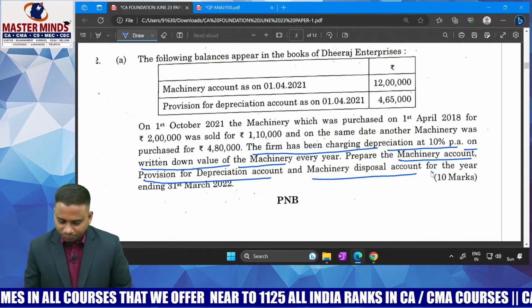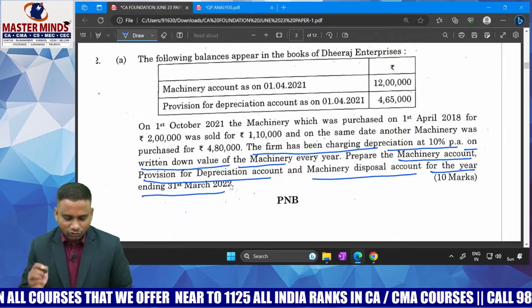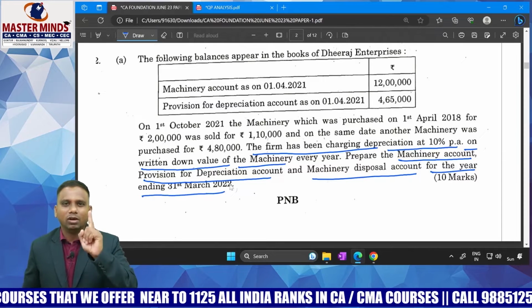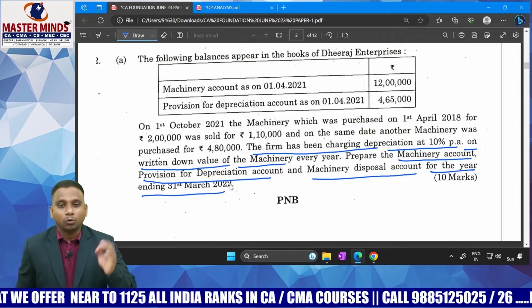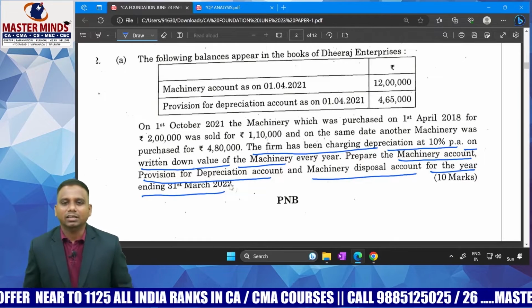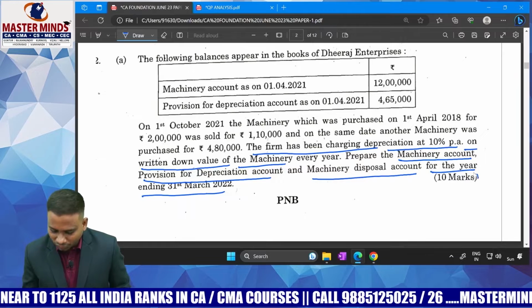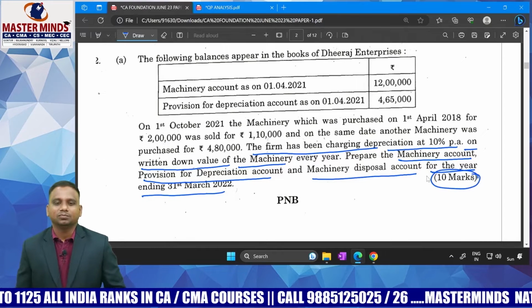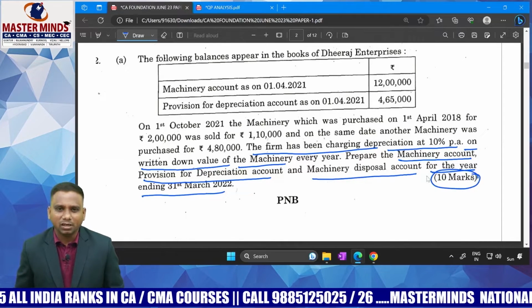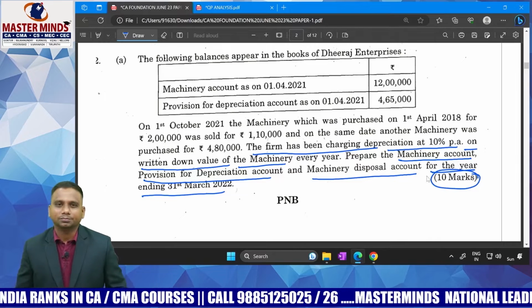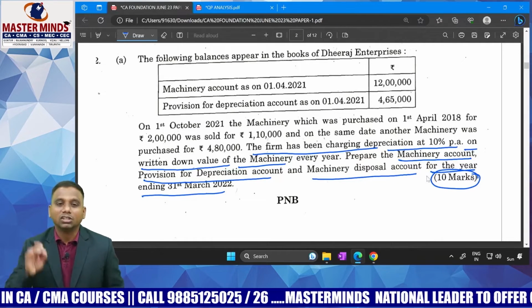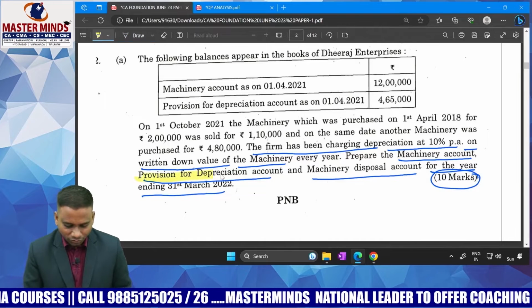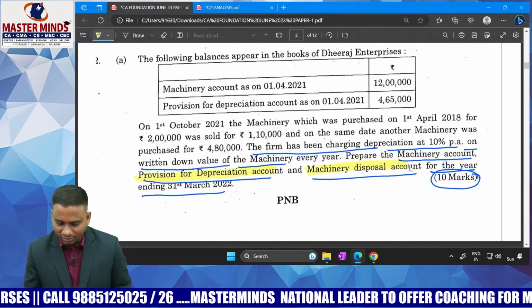So, simply for the year ending 31st March 2022, only for 1 year they have asked for the machinery account, provision for depreciation account and machinery disposal account. If you observe, this is for 10 marks. So, as per my knowledge, this question can be solved easily with proper conceptual knowledge on the topic of provision for depreciation account and asset disposal account.